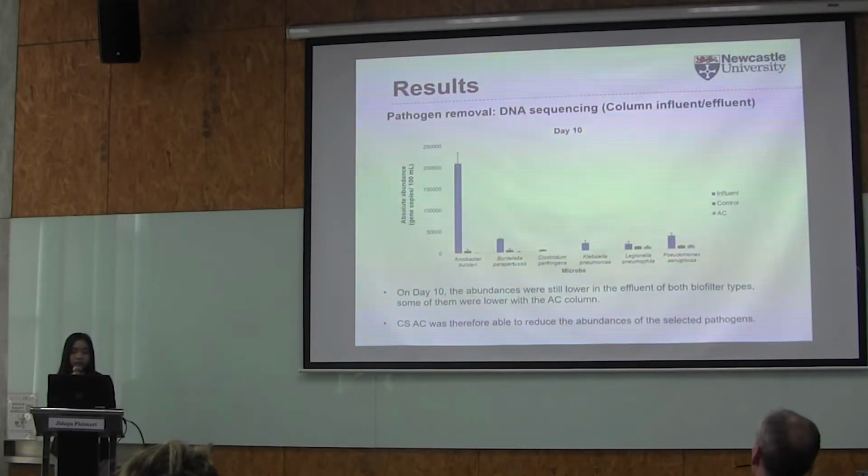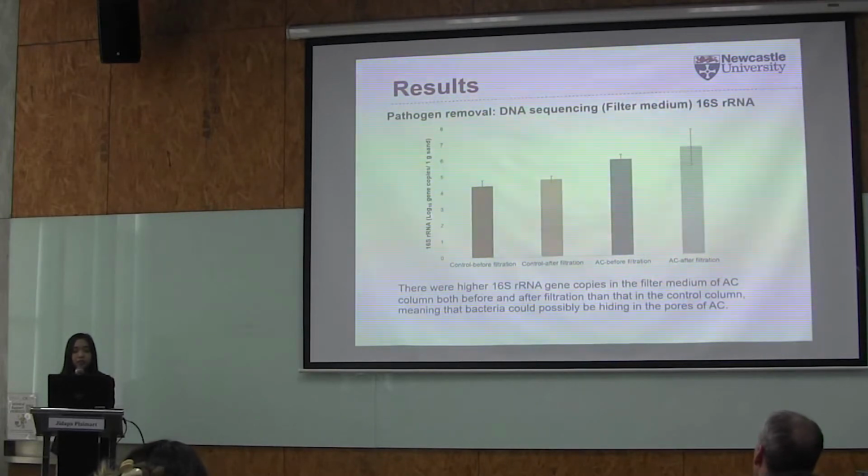Now coming to day 10, it was still showing the same removal trends as in the previous sampling. So in conclusion, CSAC was therefore able to reduce the abundances of the selected pathogens.